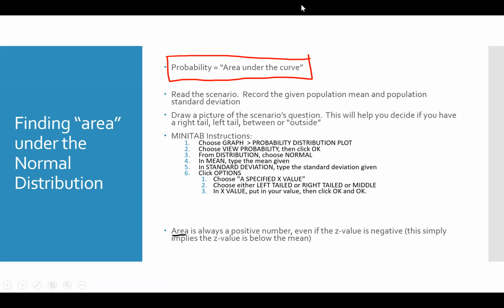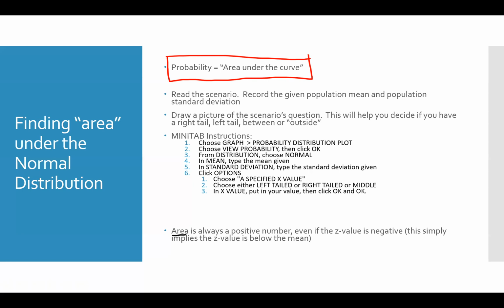The questions related to the normal distribution are going to be probably 3 to 5 sentences in length. It is important that you read the entire scenario from beginning to end. And then you need to go back and write down the information that you're given.